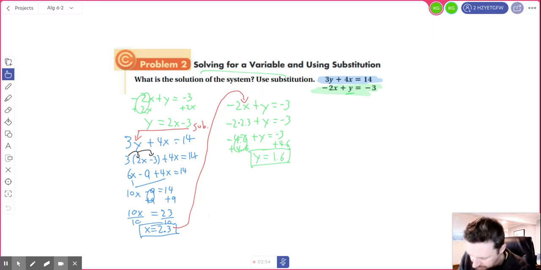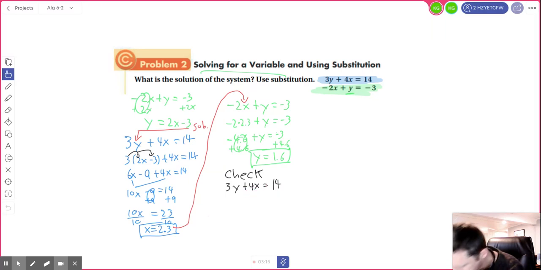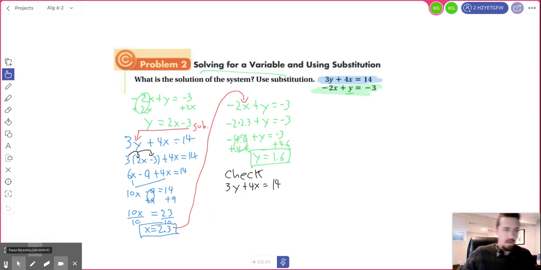Now it is time to do my check to make sure I got it right. I'm going to use the blue equation to check. You could use either equation to check. You could use both equations to make super sure. Actually, I think we probably should substitute into both equations.